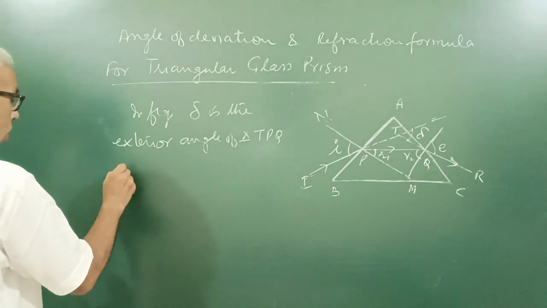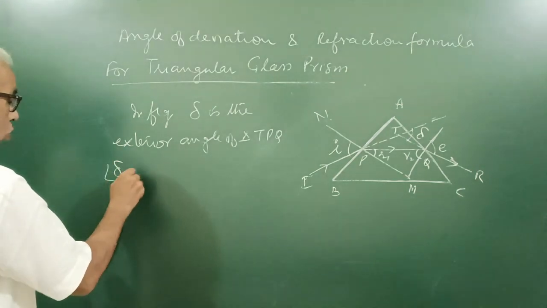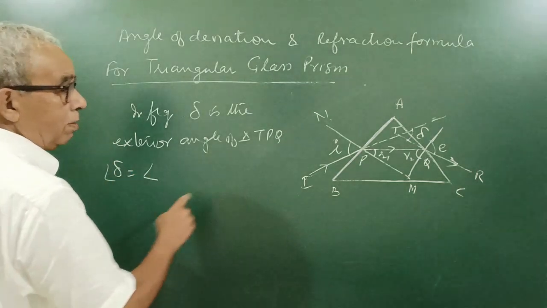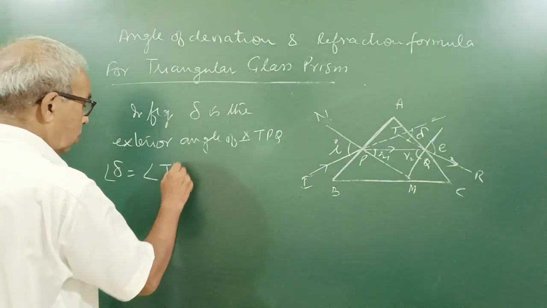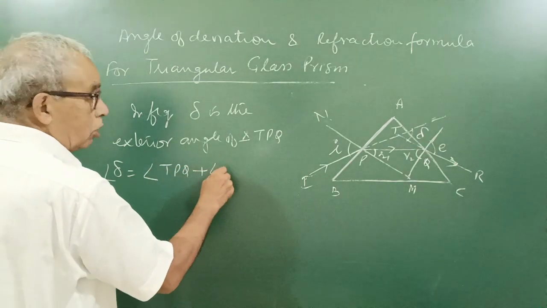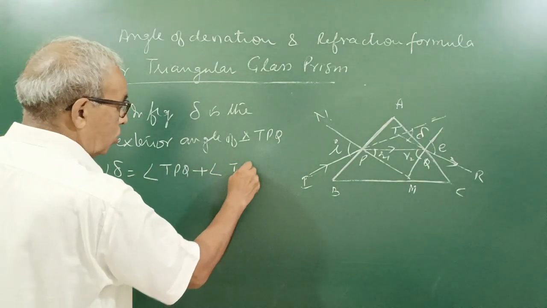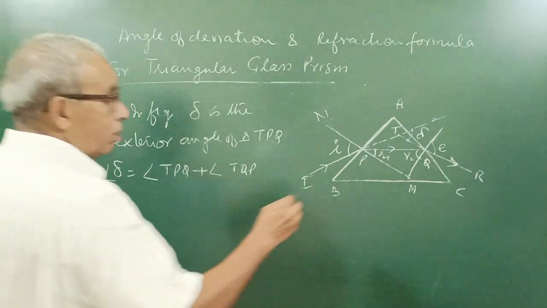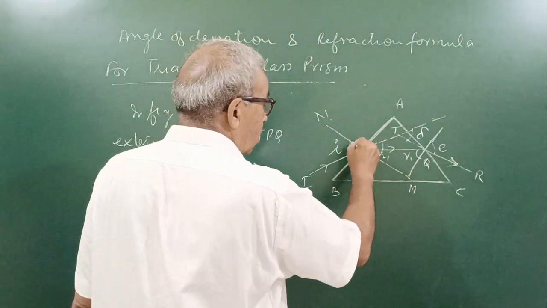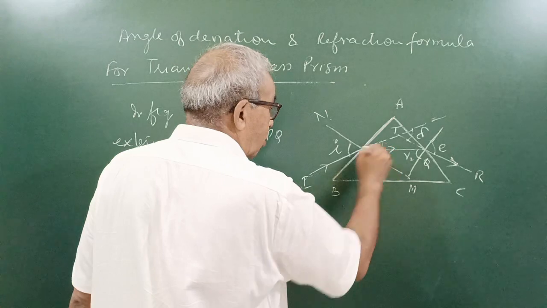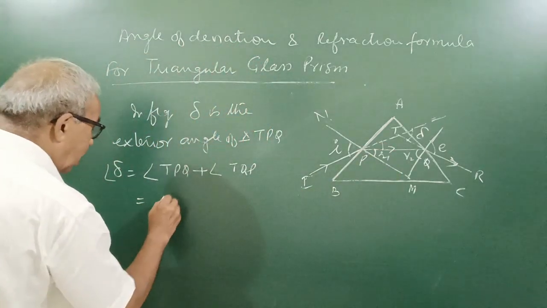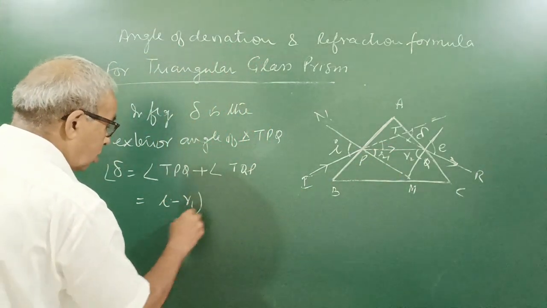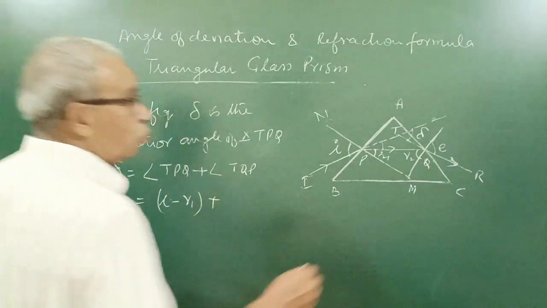So angle delta is equal to angle TPQ plus TQP. This angle is I minus R1, plus TQP.